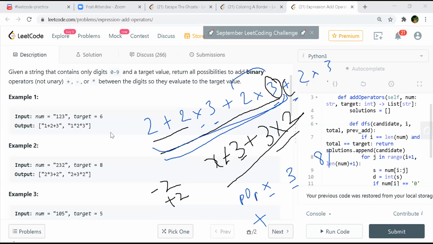Now coming to this multiplication, I would see what is my last operand. Here it is plus. So first thing I do is 10 minus 2. I get 8.